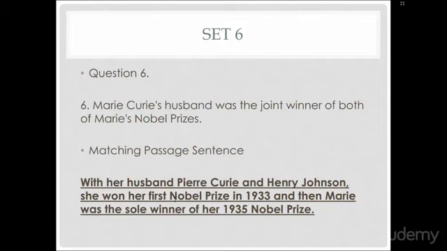The question says her husband was the joint winner of both. But the passage sentence says her husband won the first one with her, but the second one she won by herself. So he was not the joint winner of both. The information is different. So this is an example of false.